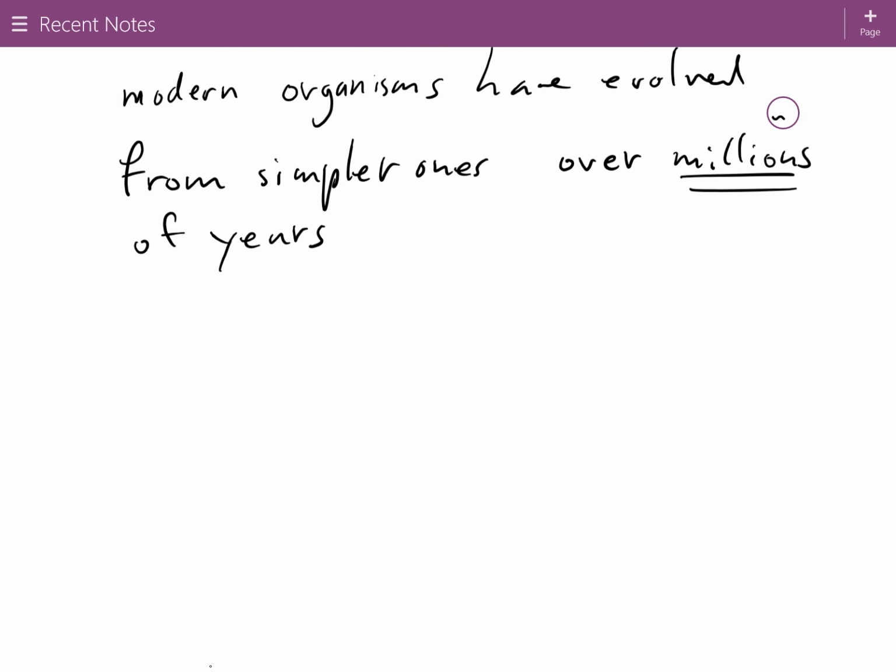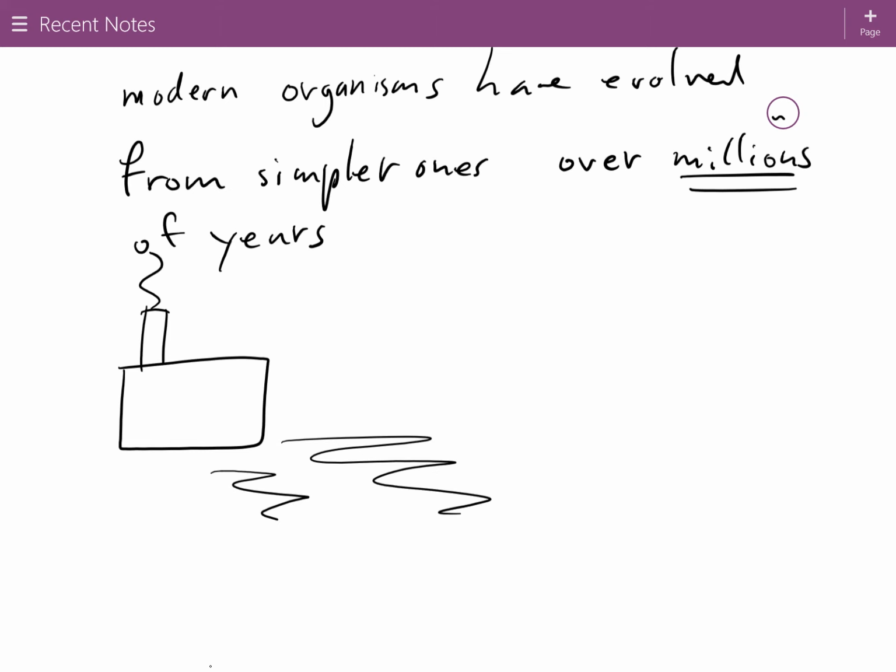But let's imagine somebody opened a factory near where you live, and lots of soot ended up going all over your environment, so everything became black. And now all of a sudden here you are, a white moth. Well, it's going to be very easy for the bird to see you against the black background. So the bird is going to come along and eat up all the white moths.